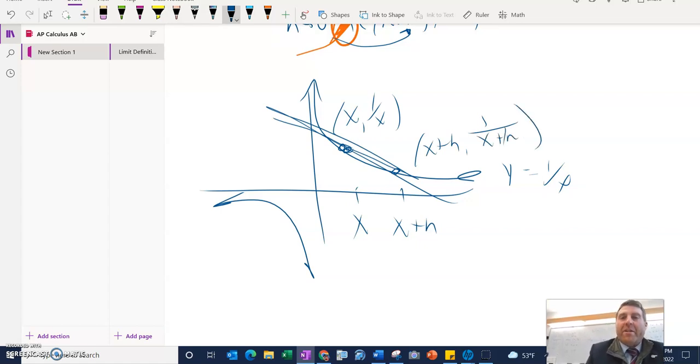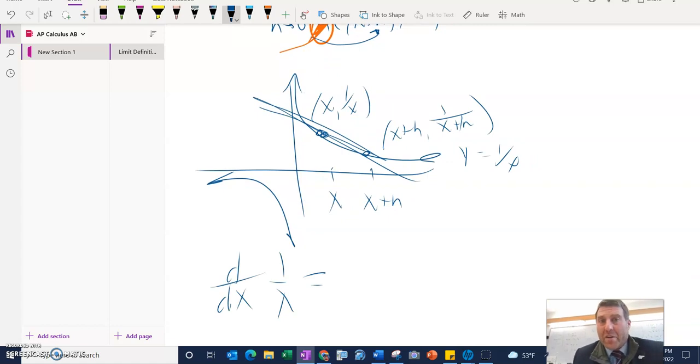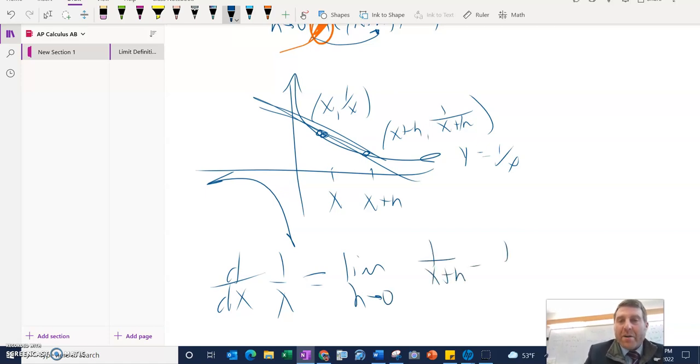Right, and we can proceed in the same way we did before. So for those of you who are more visual, here's the derivative. I would say, okay, the derivative of 1 over x, using the limit definition and using this visual aid, is going to be the limit as h is going to 0 of the change of y, 1 over x plus h minus 1 over x, over the change of x, which is just h, and then we take the limit of all that as h is going to 0, right?